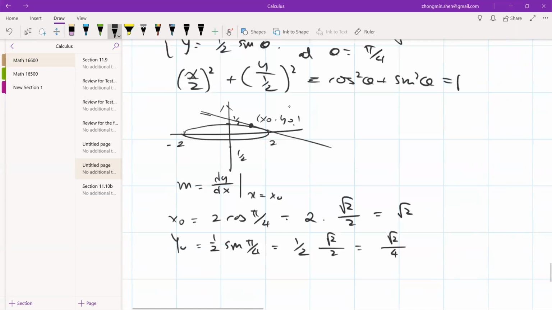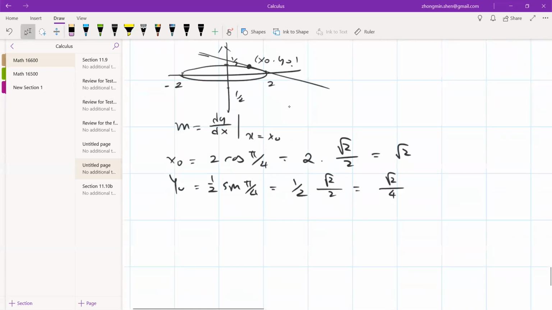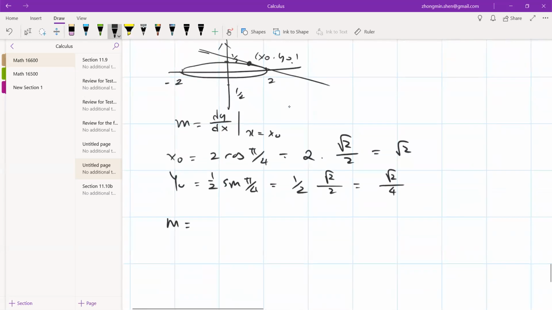So I like to find the slope in a different way. It's going to be dy d theta over dx d theta, then let theta be pi over 4.